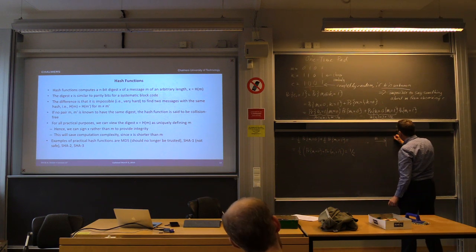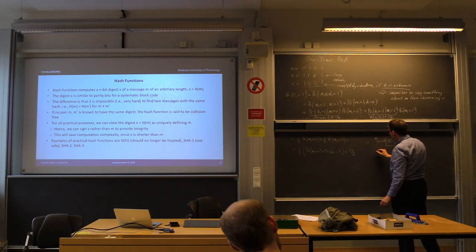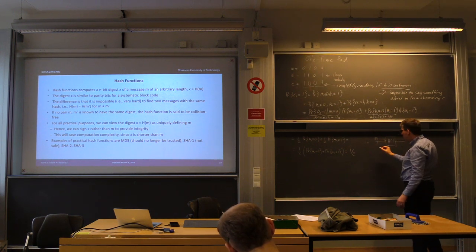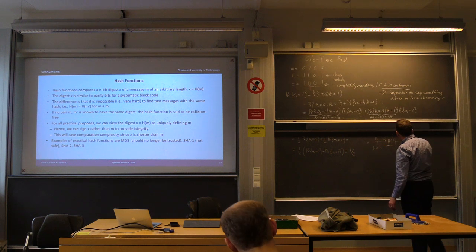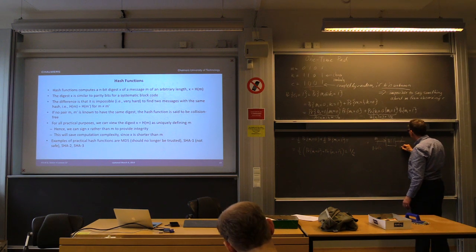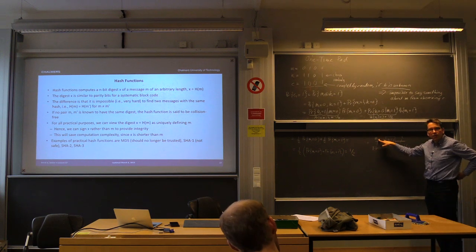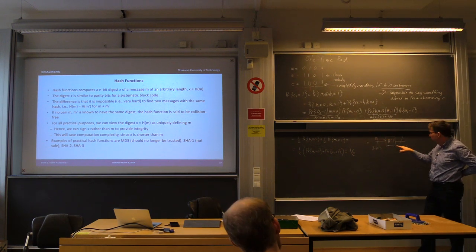has, let's call it, L bits, and the output x has n bits. So regardless of how many bits we feed into this hash function, the output is always n bits.